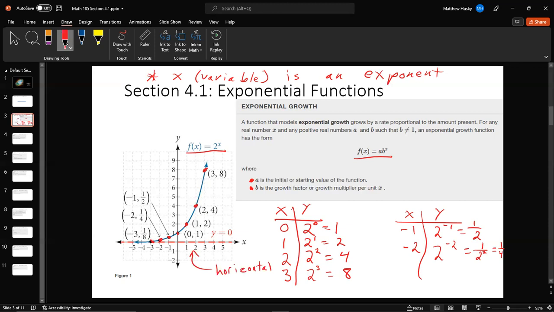One thing I will mention is why this is a big deal. Exponential functions have a starting amount and a growth factor. One scenario that this branch of mathematics is applied to would be things like virology and epidemiology. So things related to, I don't know, a really nasty virus that spreads really fast.